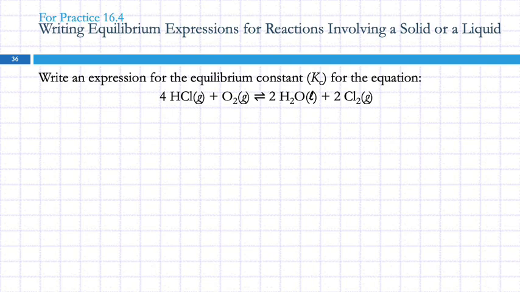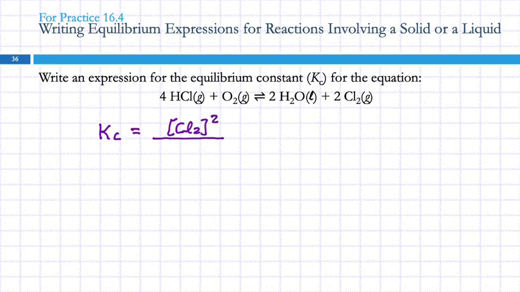Let's look at this one, right? An equilibrium expression for this chemical equation. And here they are specifying that they want Kc. So what goes on the numerator? Cl2 squared.